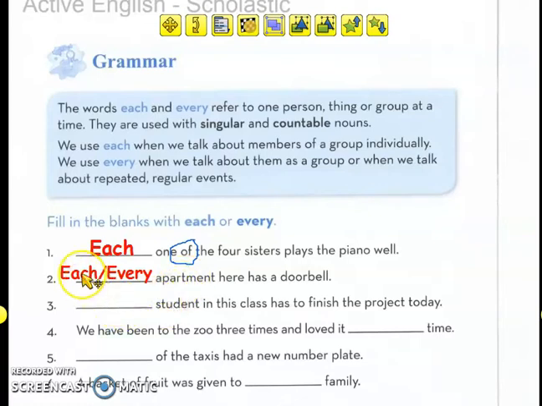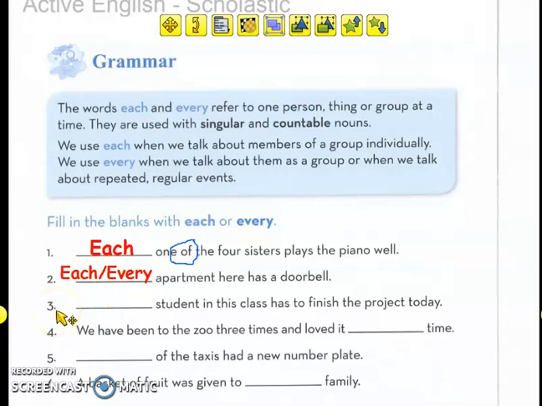So we can say each apartment here has a doorbell, as individually بشكل فردي, or every apartment here has a doorbell, as a group. ممكن نحكي عن الشقق كمجموعة. So we can use both every or each.